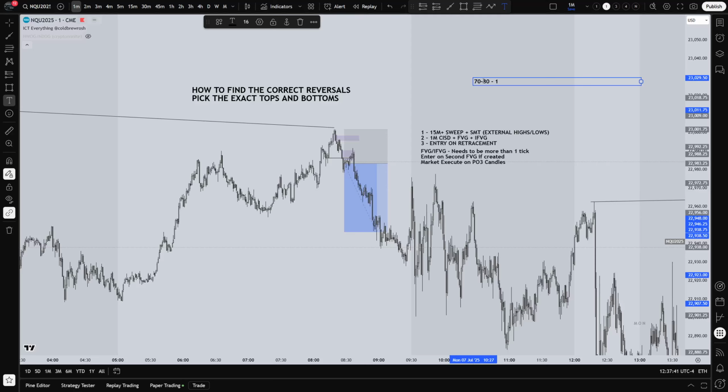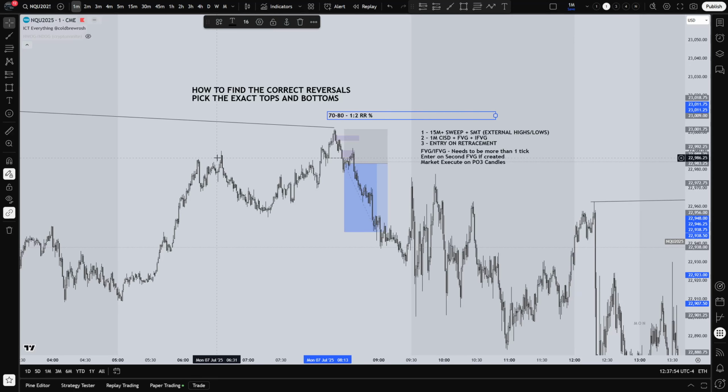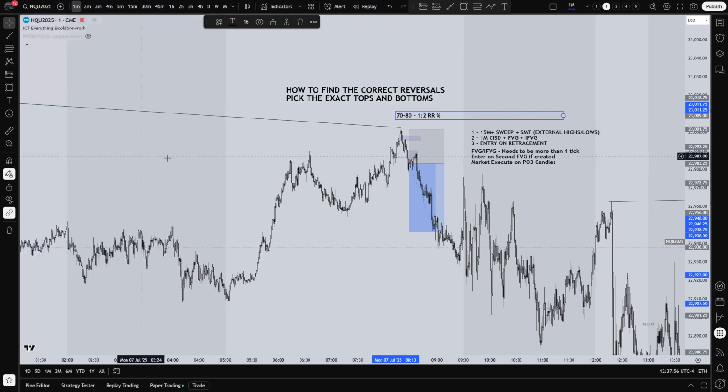That's a 1 to 2 risk to reward win rate. And it is that high, right? Because SMT is what's giving you this confirmation for the reversal, whereas you can't just catch every single reversal in price.